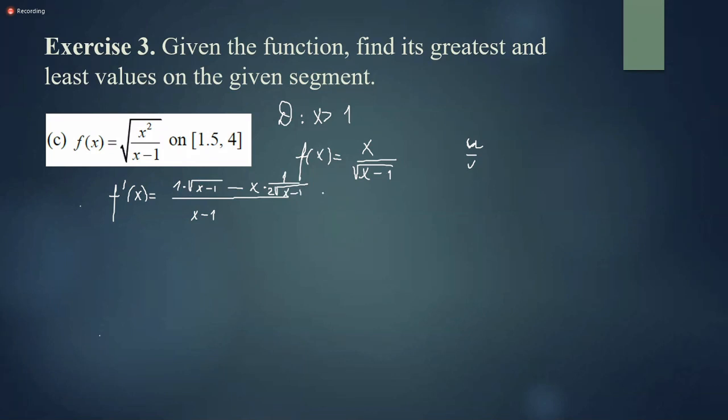So now, to simplify it further, because to investigate the function, to find the critical points, we do need to factorize everything. So this is the moment where we multiply the numerator and denominator by the square root of x minus 1.